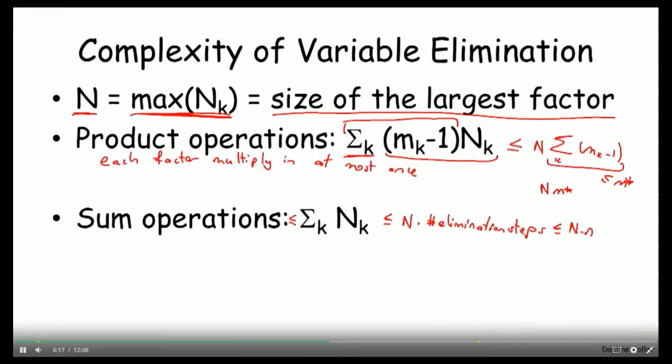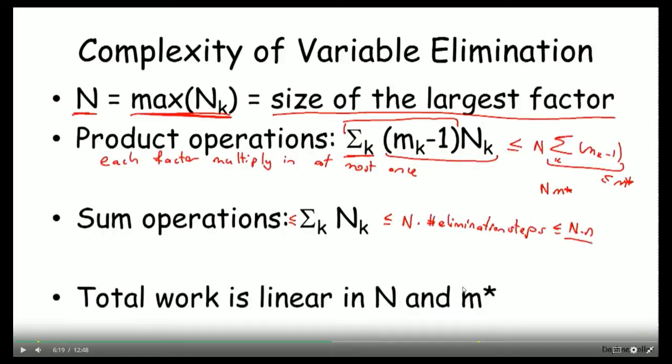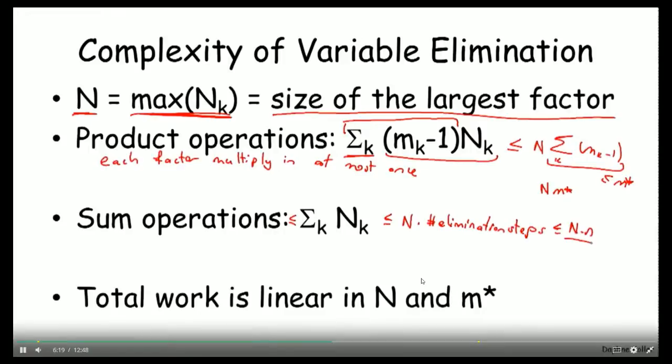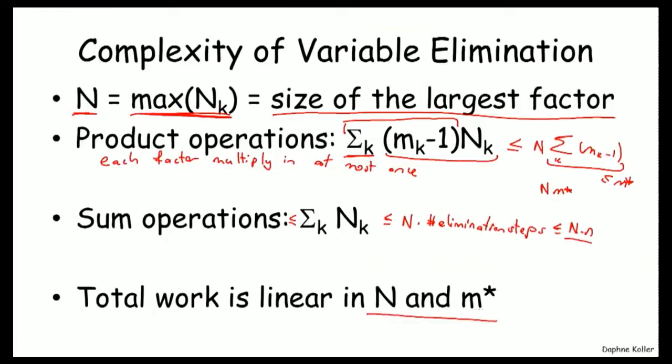Over here, we have n times n, which tells us that the total work that we have is linear in n and in m star. Great, linear time, aren't we lucky?